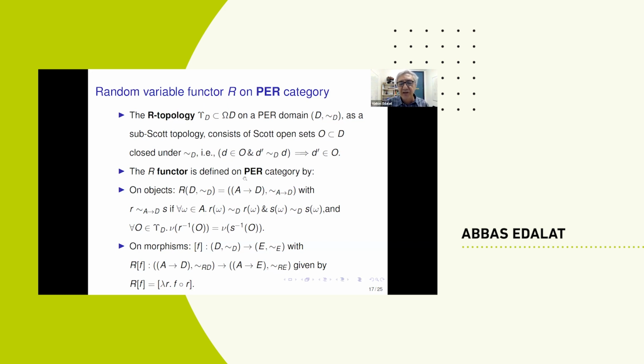And the R functor then is defined on the PER category as follows on objects. So if you have a PER domain D, the construction of random variables on this is given by the random variables on D: Scott continuous functions from our probability space A to D, together with this PER. And the PER is defined: two random variables R and S are related if for all sample points omega in our probability space, first of all, R omega is related to R omega.